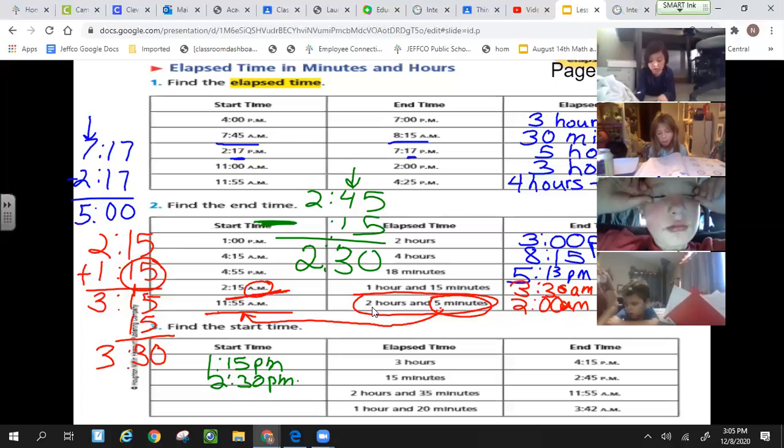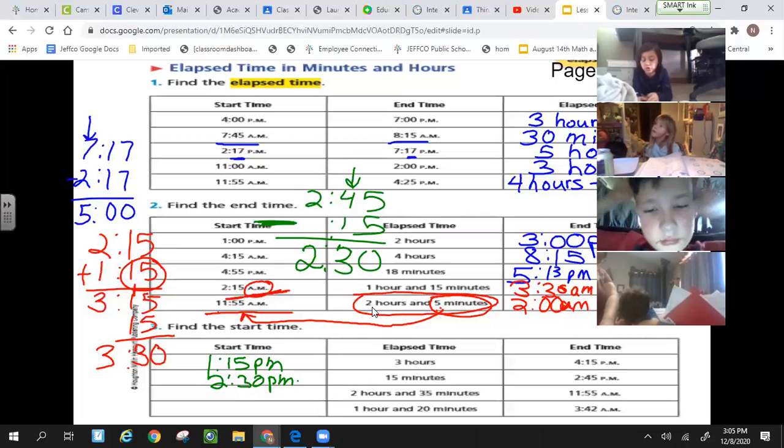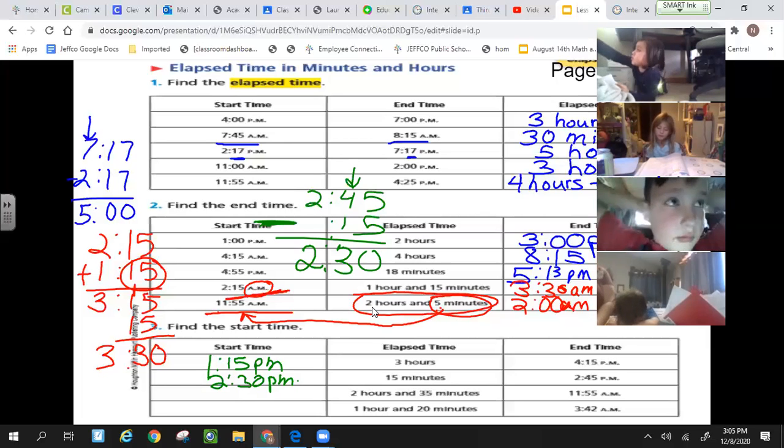All right. Now, boy, this one looks a little tricky. 11:55 is, wow, that's almost midnight. Let's make it a teenager.